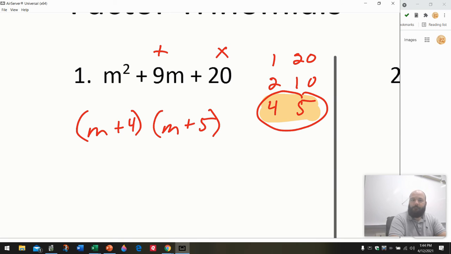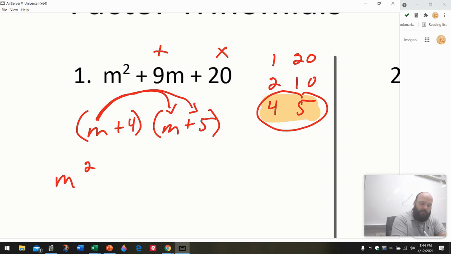What you have to remember is a couple of simple things on writing out your factors and then how the answer will be formatted. Now, if you wanted to check that your answer was done correctly, we could refoil this, the m plus 4 times m plus 5 together to see if we get our original expression. So m times m is m to the second.